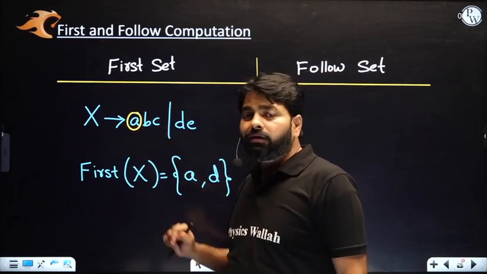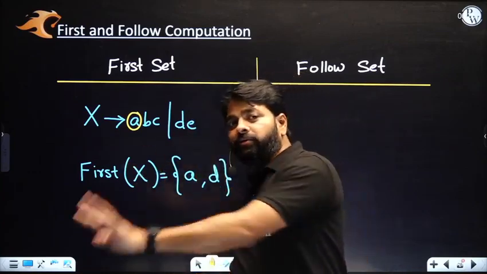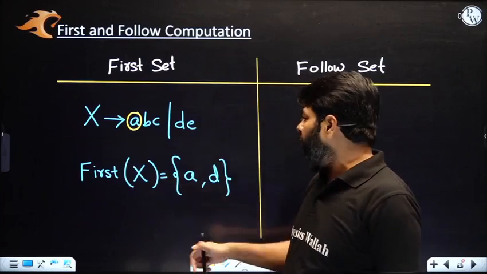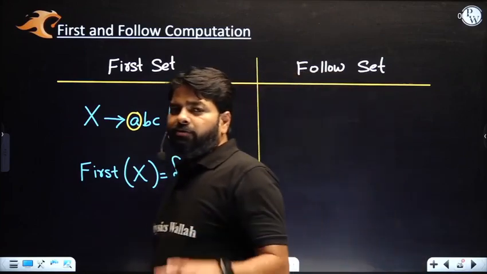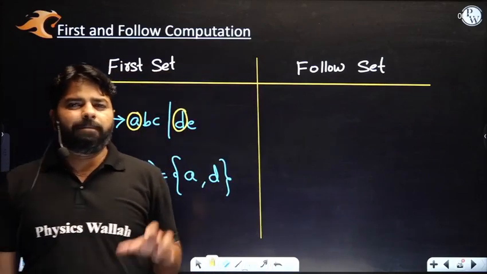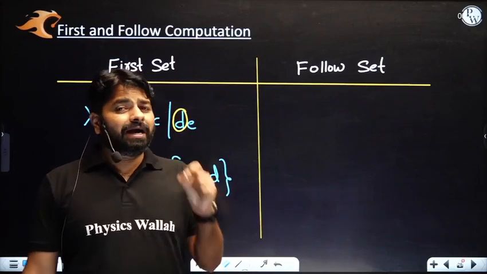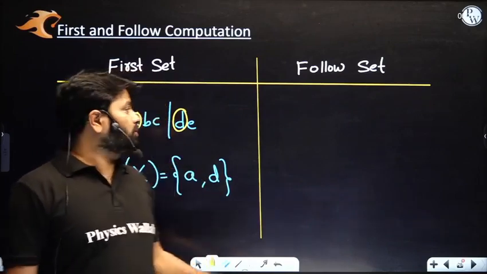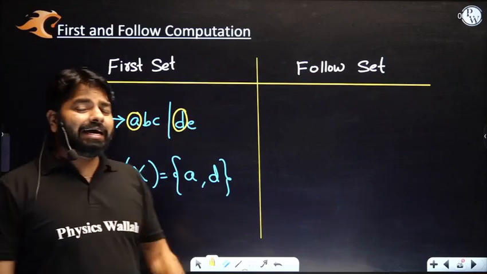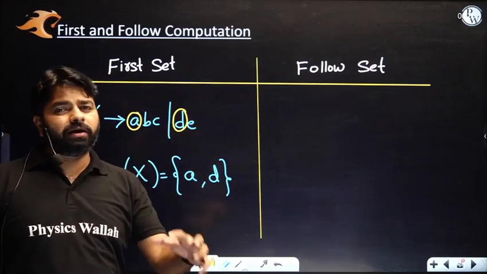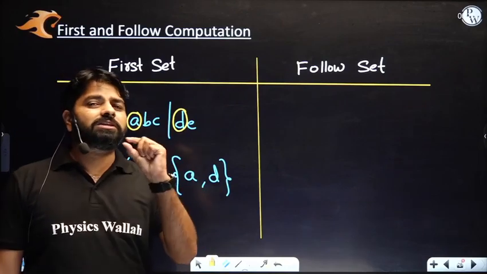If there is a non-terminal, then you should look further at what that non-terminal derives, at different further levels, and here D. It is very simple. If you want to find the first of X, compute all the possible first terminals from X. For that you should look at all the productions of X, and if there is any indirect computation you should go further, compute it, and bring here what it can derive as the first terminal.